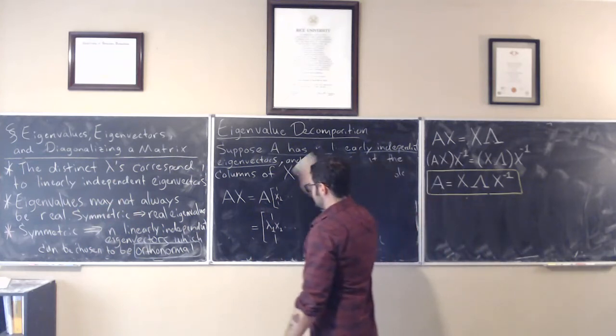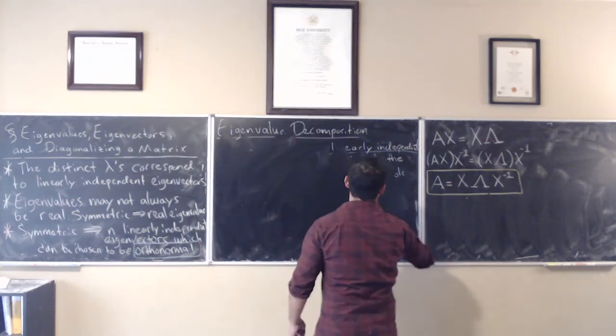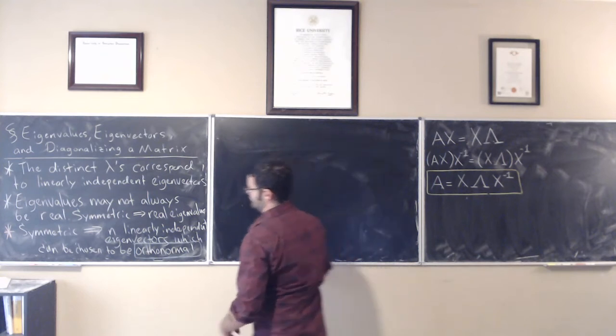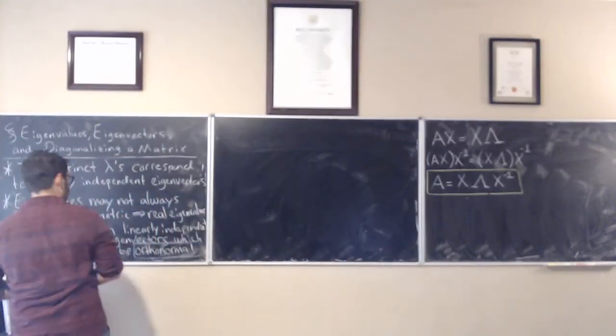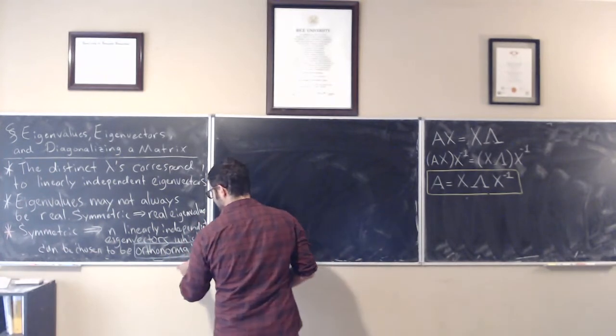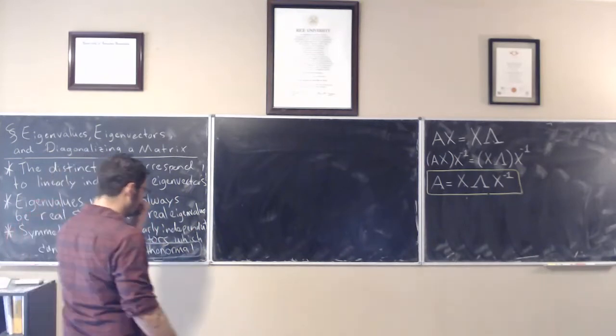Now, getting to the more specific point, the big points that we're getting to. The orthonormal. What does it mean that we can also choose the vectors to be orthonormal?